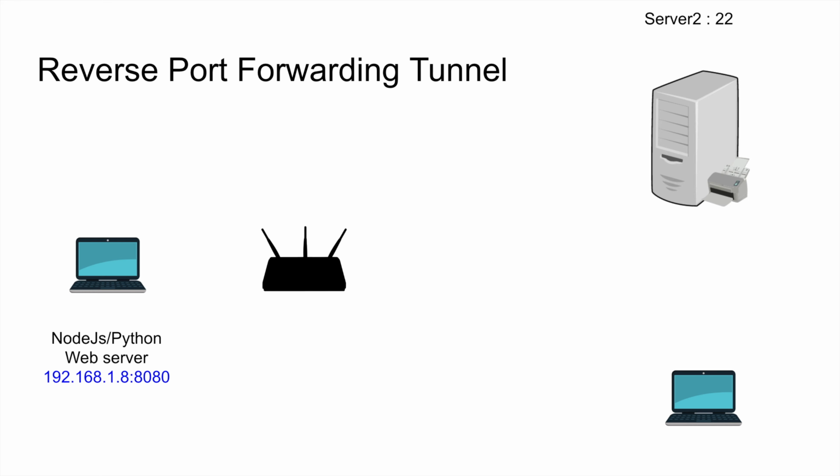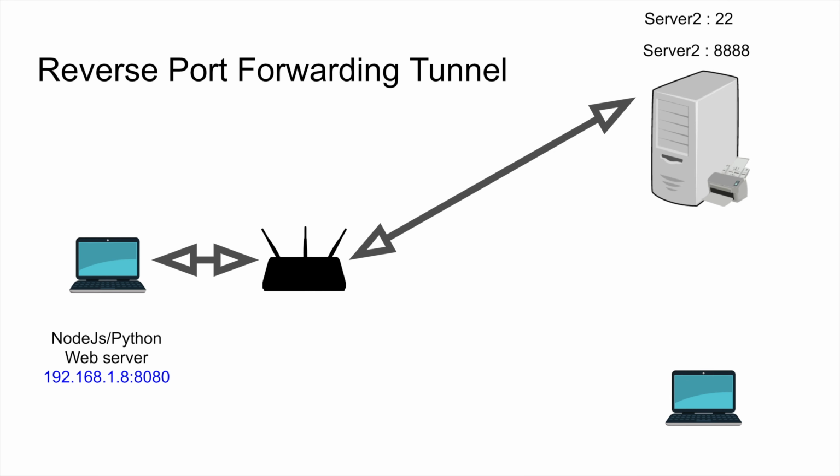Okay, so let's talk about that. I'm going to talk about the difference in a second. So what do you do essentially? You do the exact same thing, but the only difference is that the local port is now on the server. So essentially you create the tunnel, but the tunnel is at the other side.